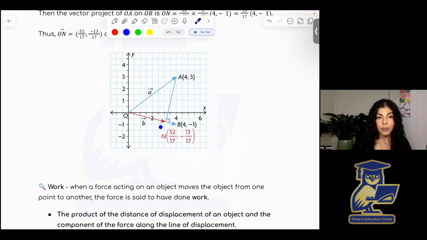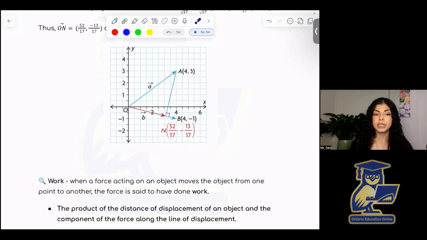What we had to do was first find the magnitude of ON, and then use that to find this vector. Now ON can be defined by its endpoints, so N being 52 over 17 and negative 13 over 17. And we have found our vector projection of OA onto OB.